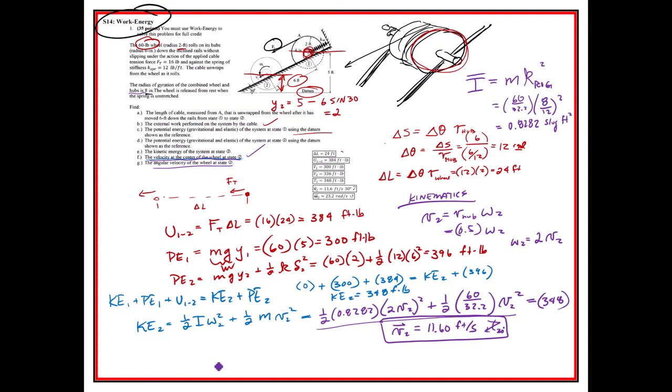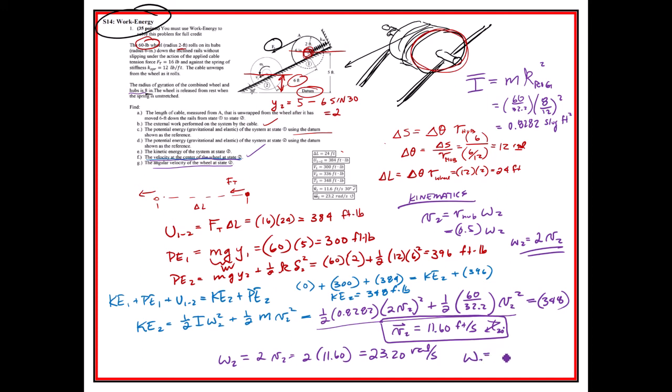And then lastly, we want to get omega 2, which is equal to 2 times V2, 2 times 11.60. So that's going to be 23.20 radians per second.